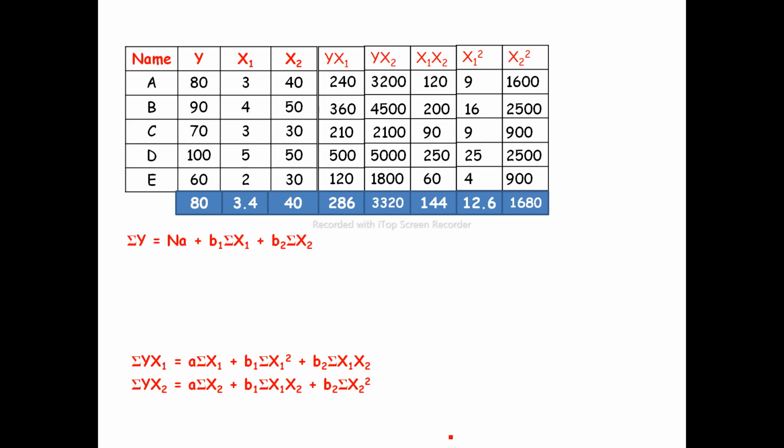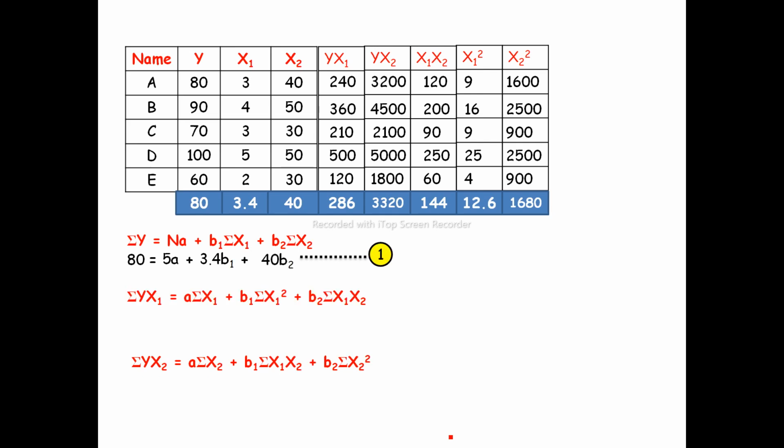Starting with the first one, summation of y is 80 equals n, which is 5. So we need to add 5a plus b1 times summation of x1, which is 3.4, so 3.4b1, plus summation of x2 is 40, so 40b2 we can write. So this will become our equation number 1.